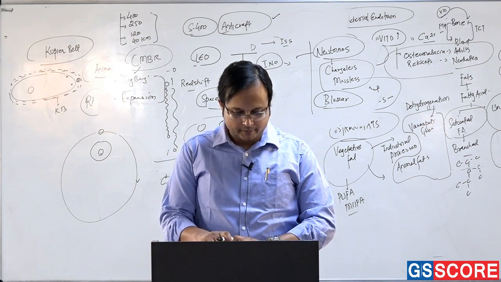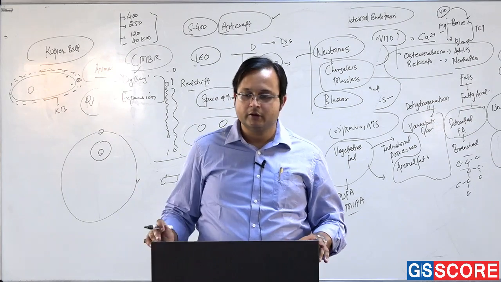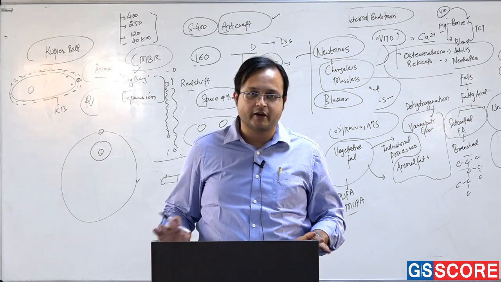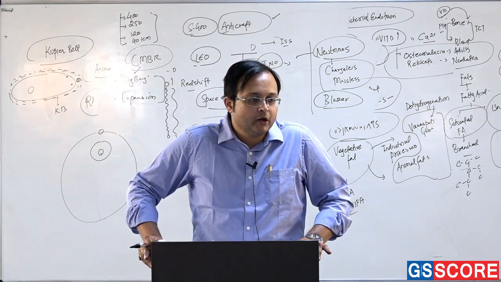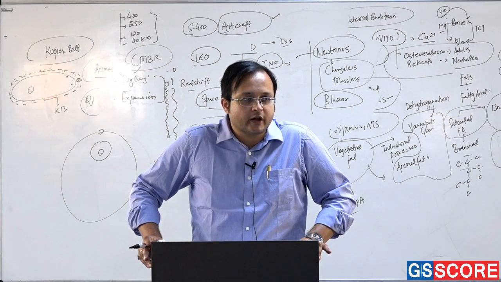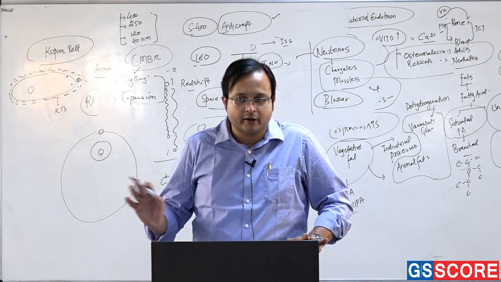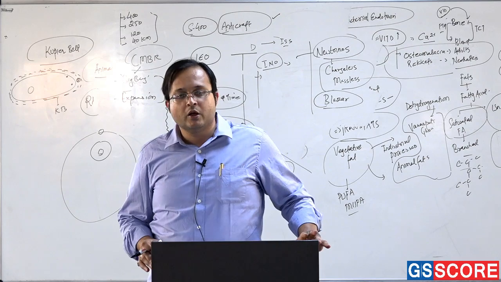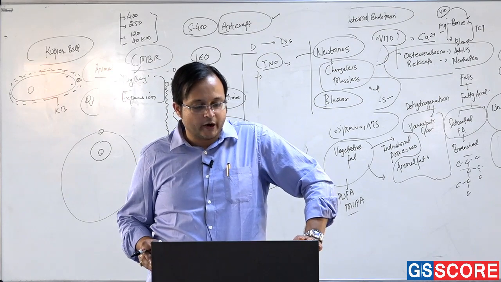Then Bhava Kavach. Bhava Kavach is the bulletproof jacket which is being developed, the lightest jacket developed till date. It is just 6.6 kg, as compared to the 17 kg jacket which is used right now.